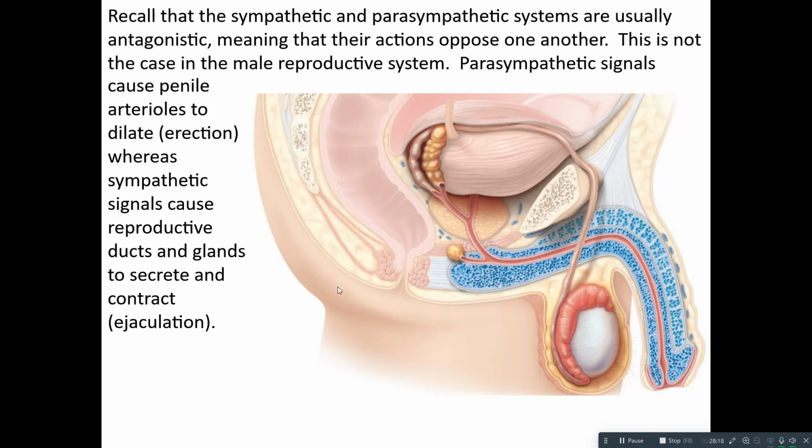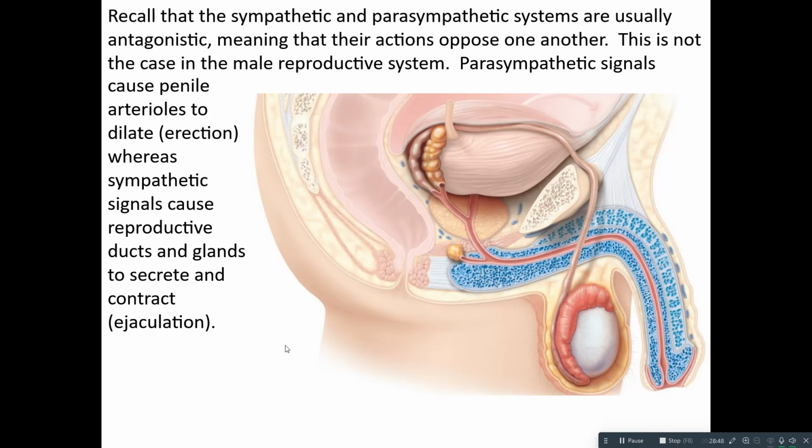While sympathetic signals don't oppose that. Instead, sympathetic signals cause the epididymis to propel sperm and testicular fluid, cause the seminal vesicles to make seminal fluid, the prostate gland to make prostatic fluid, and the sympathetic then causes all the smooth muscle in the various ducts and in the urethra to contract, and that results in ejaculation.